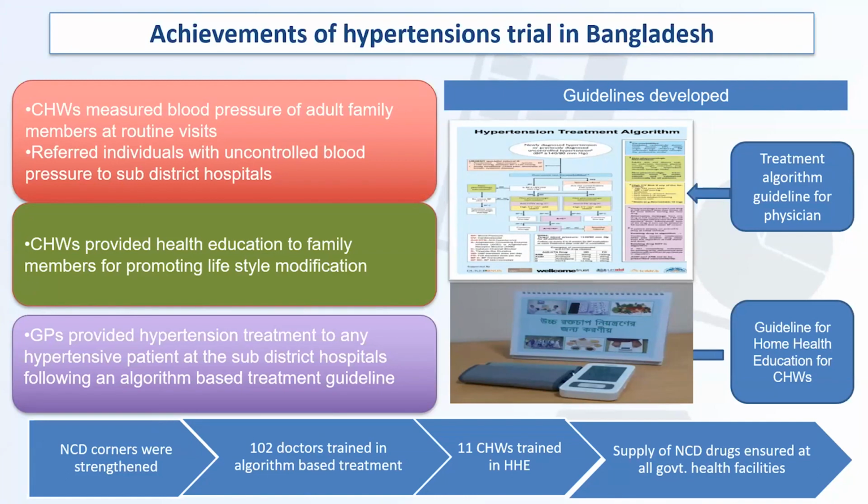The healthcare workers who never knew what hypertension was or measured blood pressure could now know the role of measuring blood pressure. They continued that effort of educating the families, and the doctors continued practicing these guidelines for treating hypertensive patients. And ultimately, this also helped the government learn what should be done in the future.